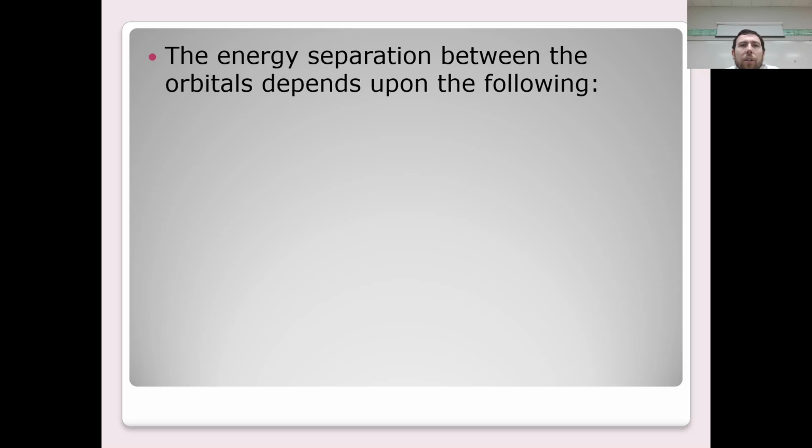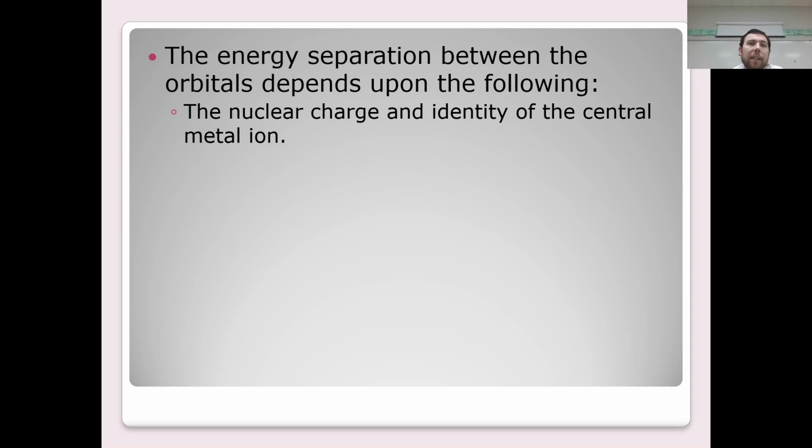Now, when you start to look at, well, how do we determine the energy separation between those d orbitals? Well, that energy separation is going to depend on a couple of factors, right? First thing we need to consider is the nuclear charge and identity of the central metal ion, right? So how many protons are in the nucleus of our metal ion? That's going to determine part of that energy separation. Second thing, the charge density of the ligand.